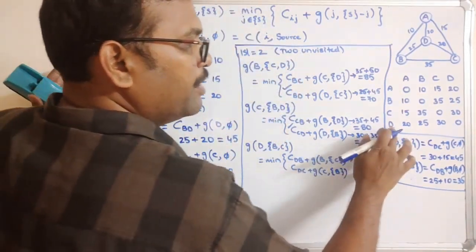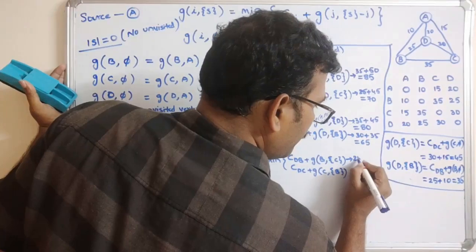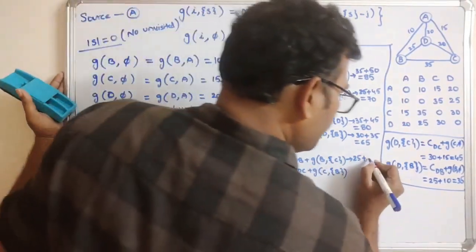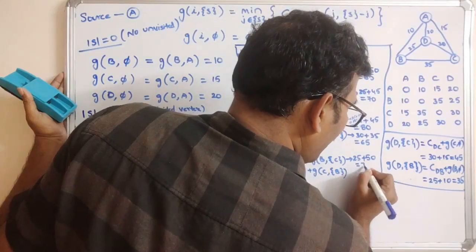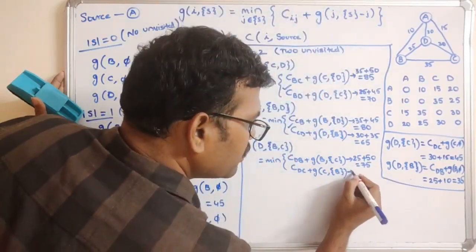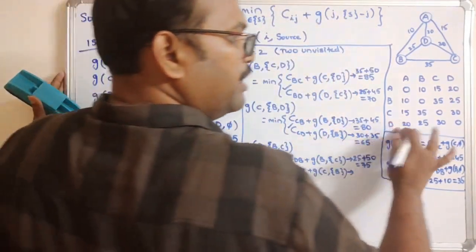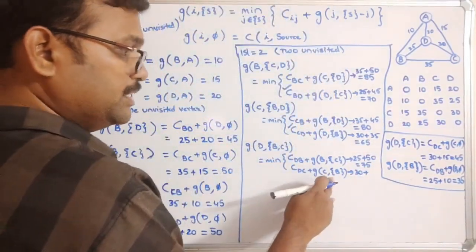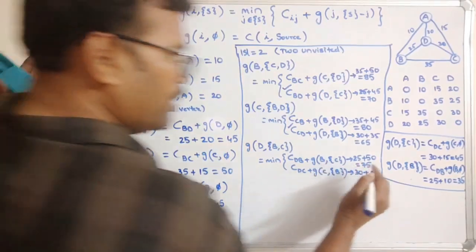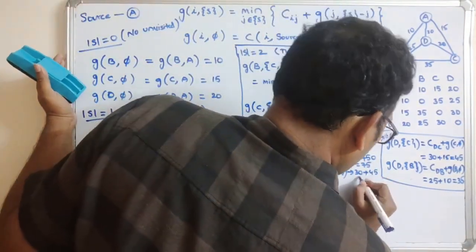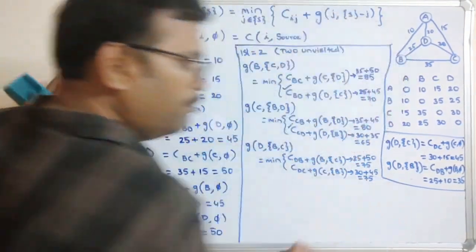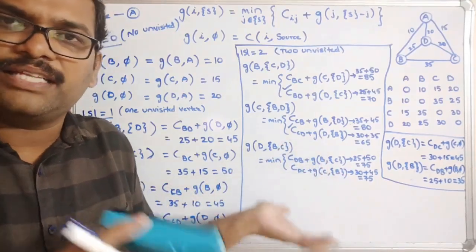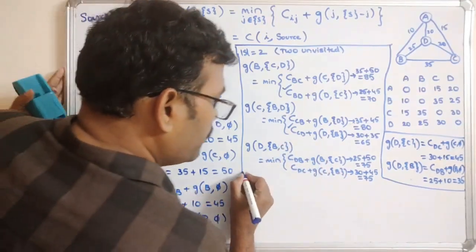Cost of DB is 25 plus BC cost is 50, 75. And here, D to C 30 plus CB, which is 45, again it is 75. So both the edges have the same cost, so we can select any one edge, no problem.